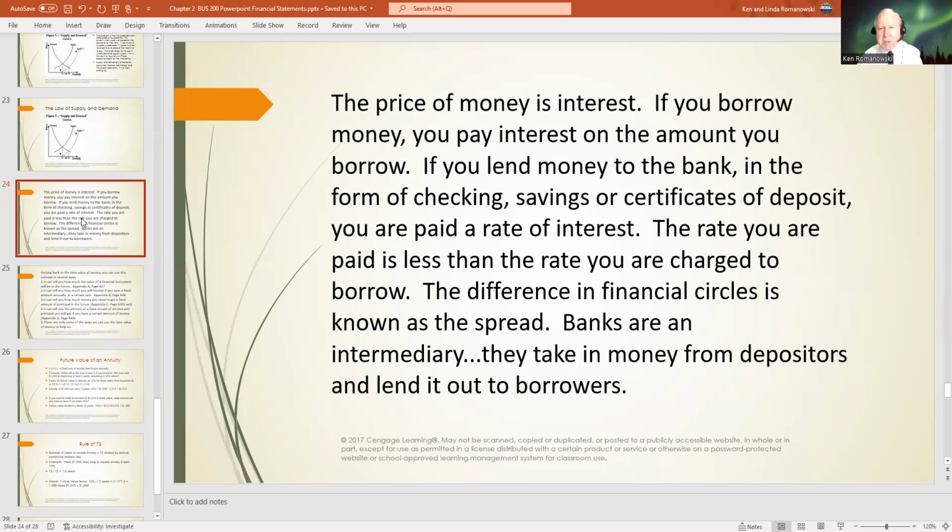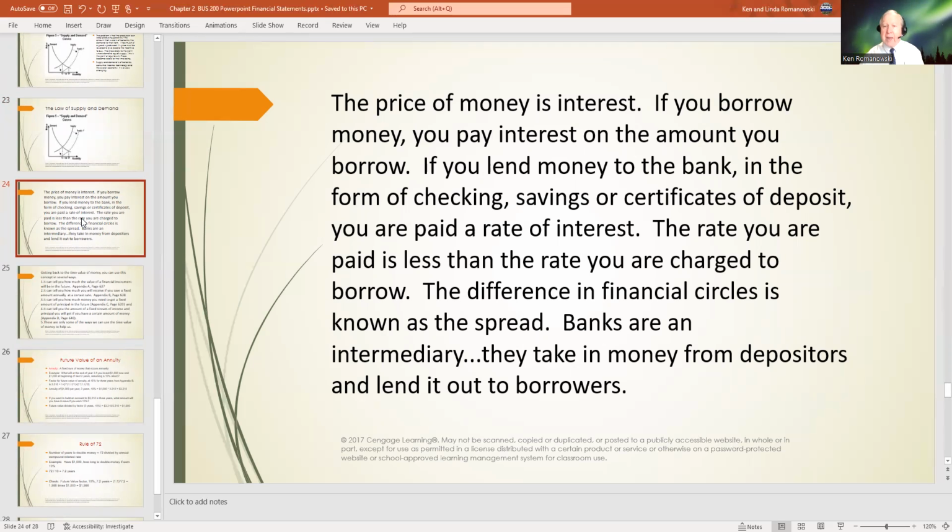So the price of money is interest. If you borrow money, you pay interest on the amount that you borrow. If you lend money to the bank in the form of a checking, savings, or certificate of deposit, you are paid an interest rate. When you are a borrower, you are paying interest.